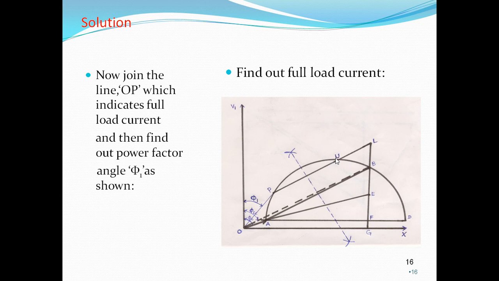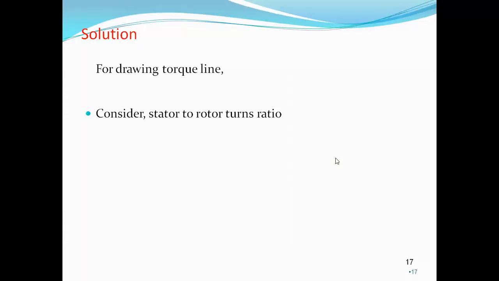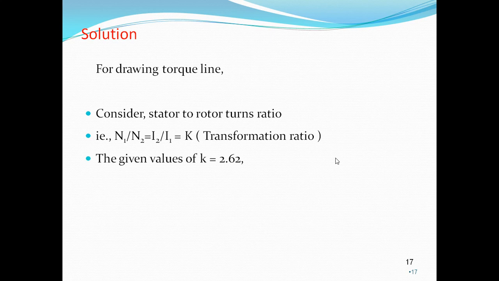This is the circle diagram part. From now onwards, we have to calculate the given values. So what did he tell us to calculate? Drawing the arc line. He has given the transformation ratio, how much? 2.62.